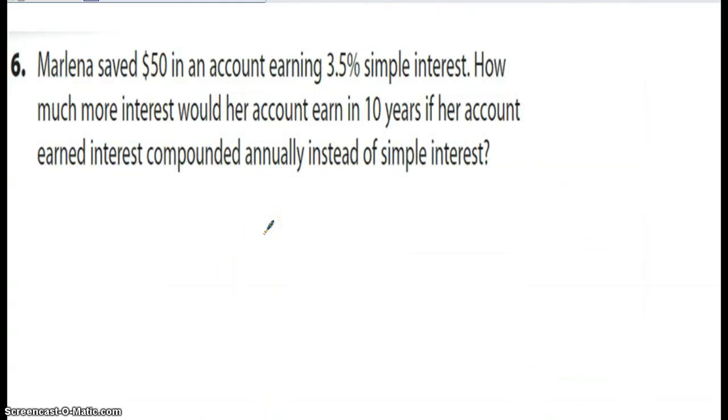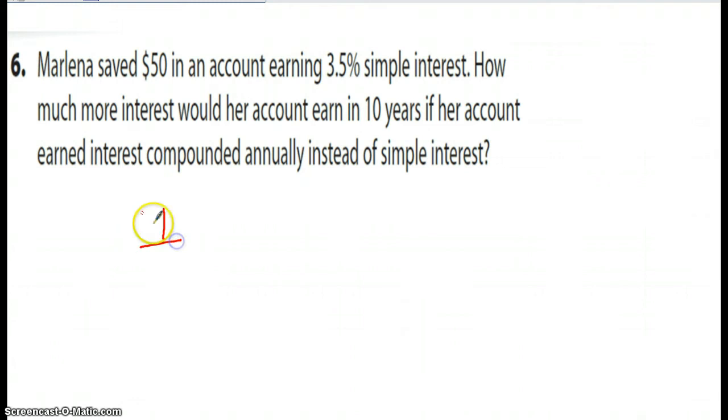So here's something I want you to contemplate for me. Melina saves $50 in an account earning 3.5% simple interest. How much more would her account earn in 10 years if her account earned interest compounded annually instead of simple interest? So what you're going to do is use your two formulas.